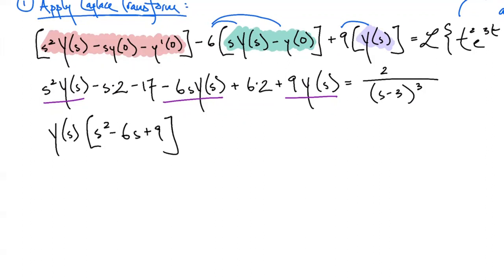Okay. Minus 2s, so that's minus s times 2. And then I'm going to combine negative 17 plus 12, which will give me minus 5. All of that equals 2 over s minus 3 cubed.